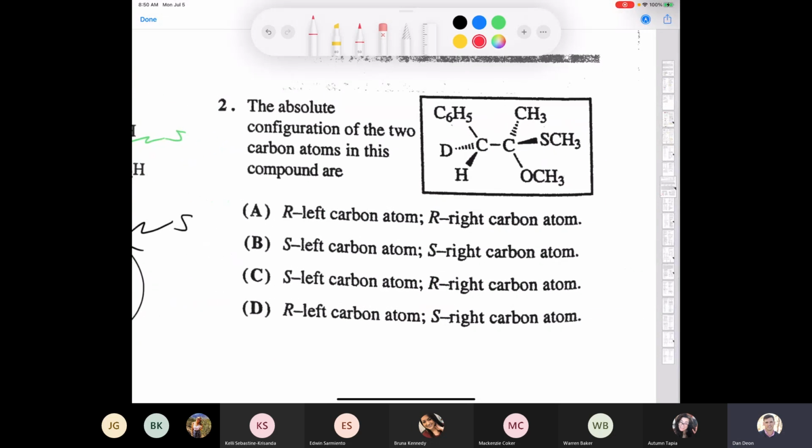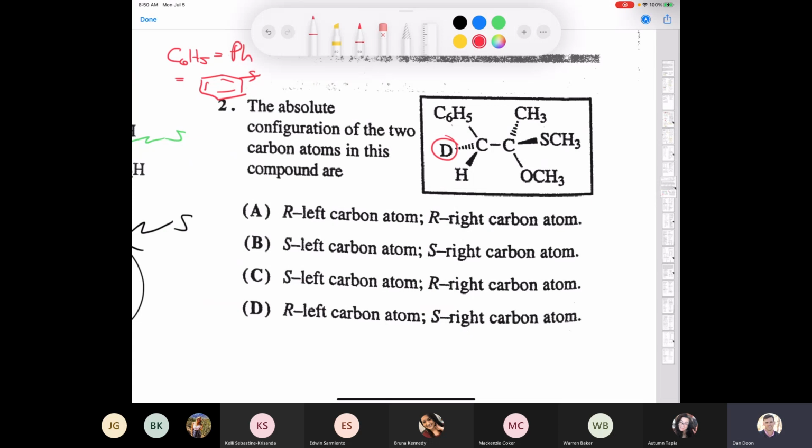I just want to show you a couple things here. First thing is when you have C6H5, that's the same thing as a phenyl, right? Which is the same thing as this. It's just an aromatic ring. It's just a shorthand for it because it's got 6 carbons and 5 hydrogens. And then if we have a deuterium, a deuterium is an isotope of hydrogen, isn't it?